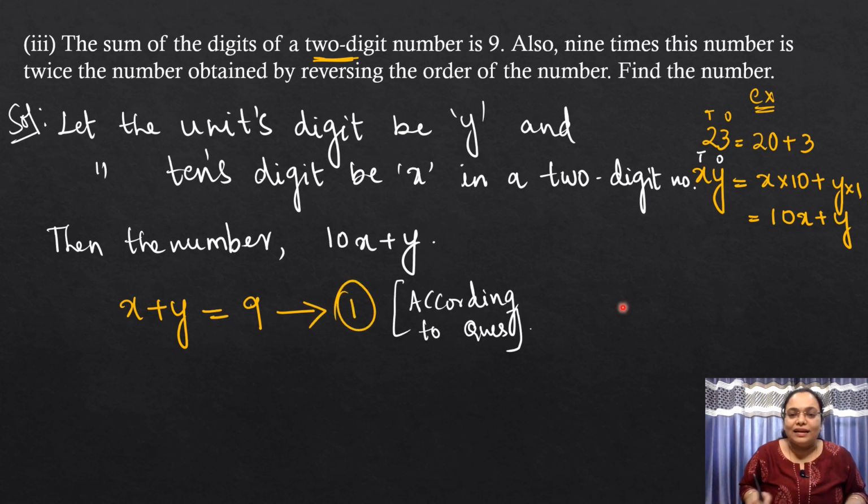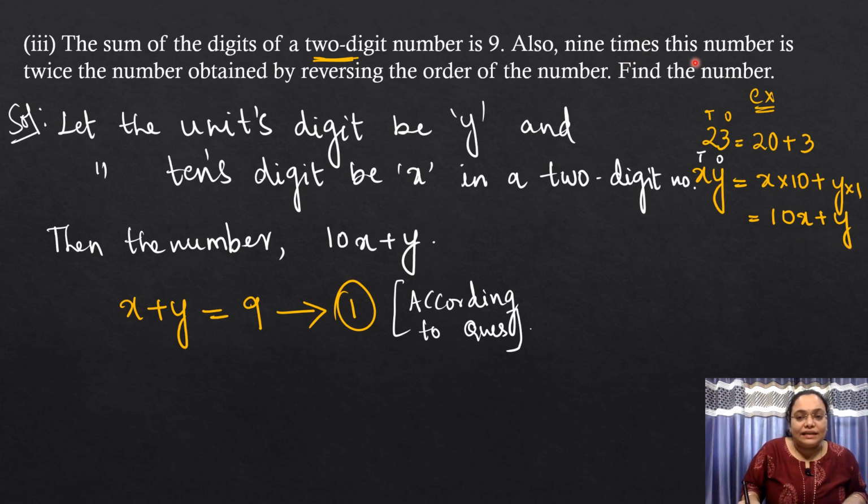Again, see the question. Also, 9 times this number is twice the number. See, 9 times this number. What is the number which we have formed? It is 10x plus y. Yes.